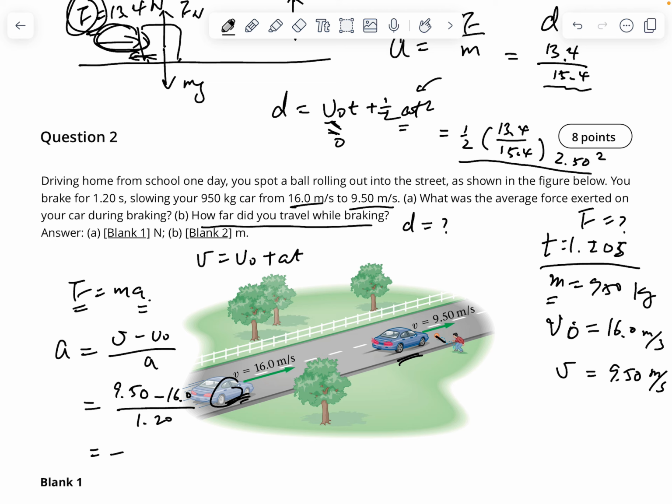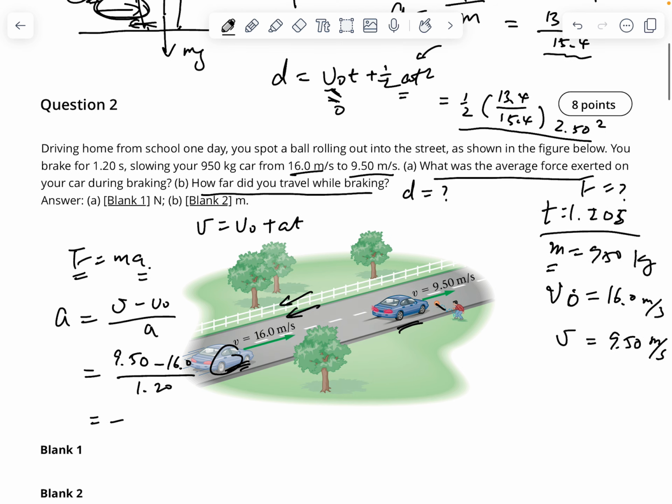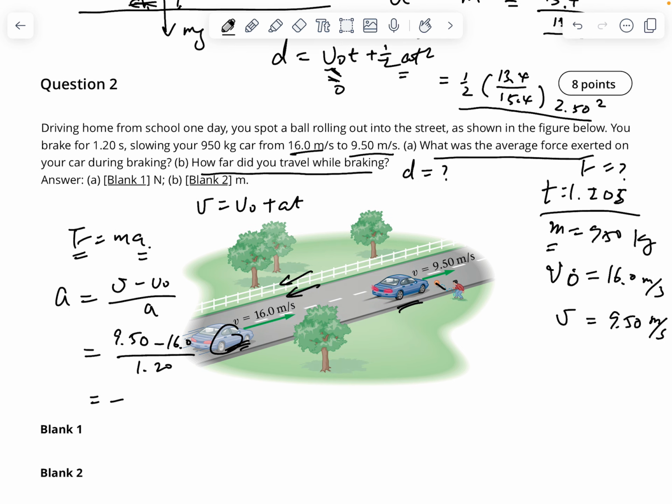So your acceleration is in the opposite direction. Then the braking force is also in the opposite direction. So the average force on your car will be in this direction, right? So you plug whatever here into this equation. That's the force.